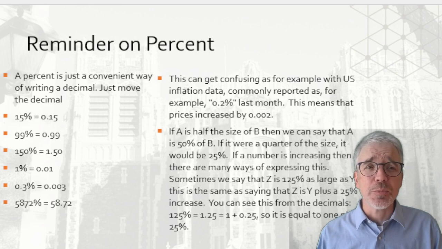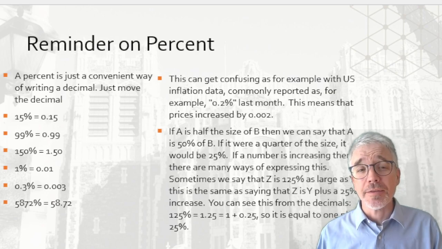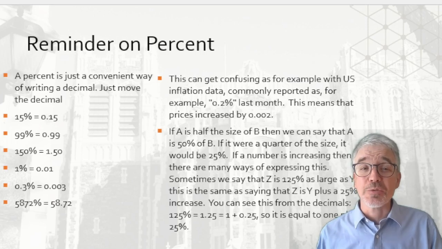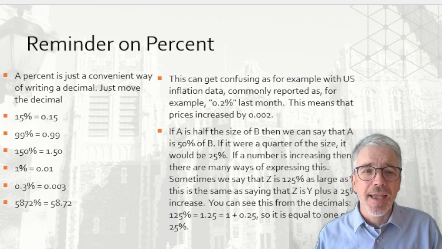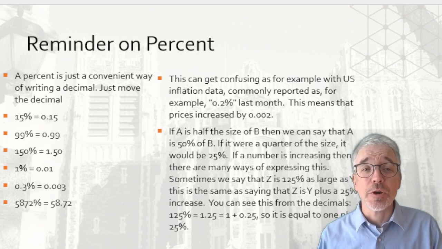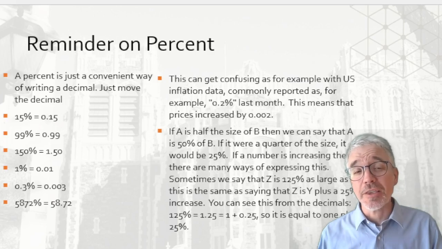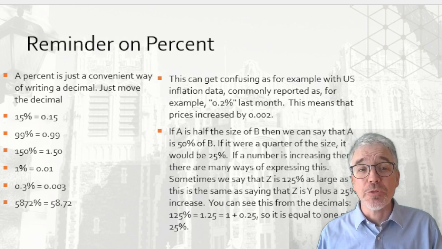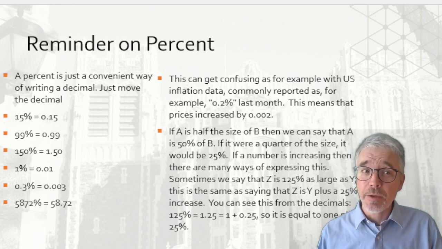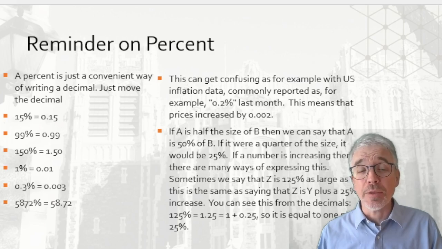Just move the decimal point. 1% is 0.01. 0.3% is 0.003. It's very mechanical. We're just moving the decimal point. But later on, we'll talk about things like U.S. inflation data, where it's commonly reported as, for example, 0.2%, which means 0.002.